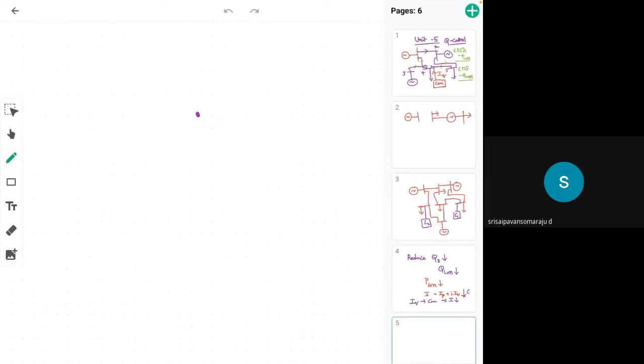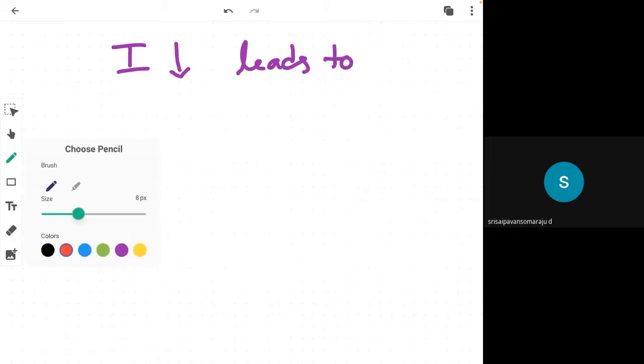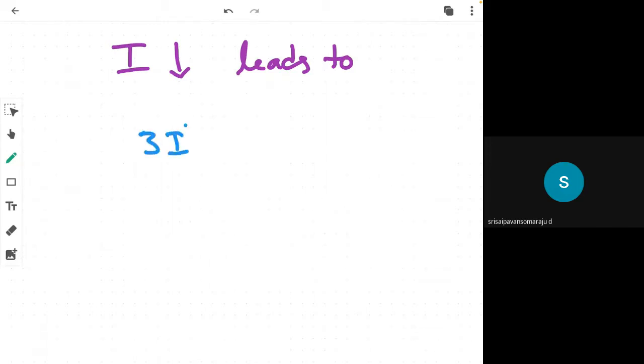When I is decreased, it naturally leads to sigma 3I square R loss, that is P loss, being decreased.